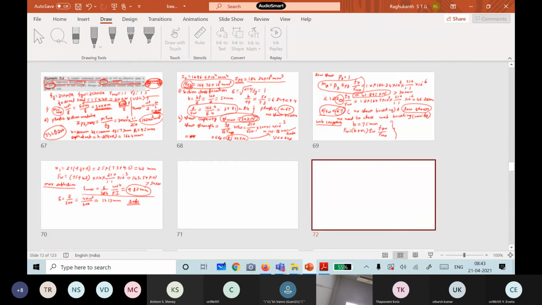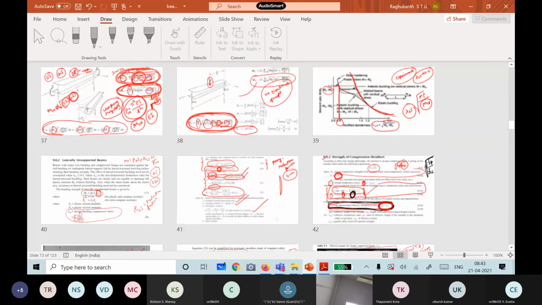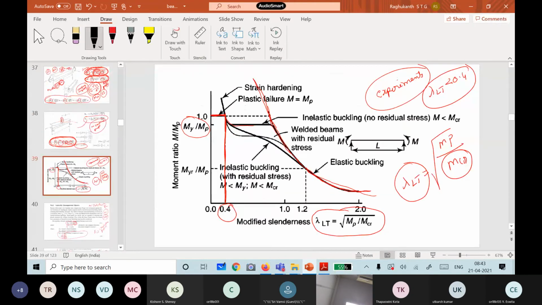Where was that one? For slenderness, stocky beam, and that column, we told some important thing. So what is the limit here? Tell me, what is the lambda LT limit for buckling? 0.4. So if it is more than 0.4, then it will buckle.